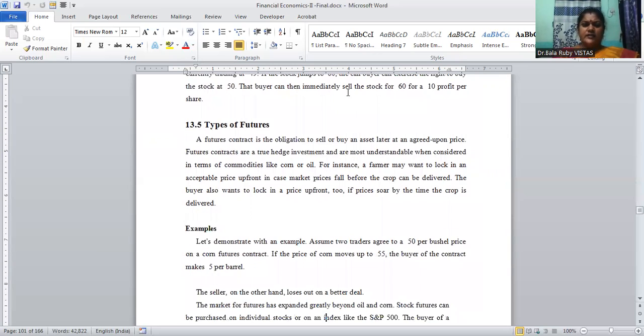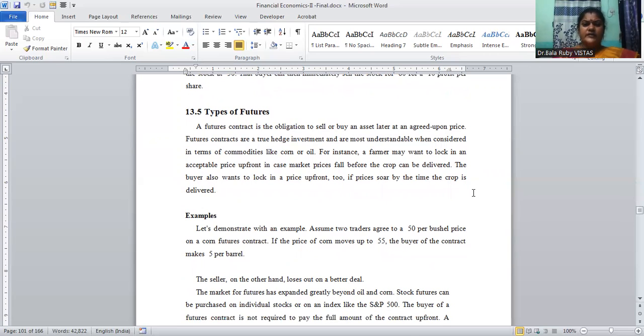Now let us concentrate on types of futures. A futures contract is an obligation to sell or buy an asset later at an agreed upon price. Futures contracts are a true hedge investment and are most understandable when considered in terms of commodities like corn or oil.